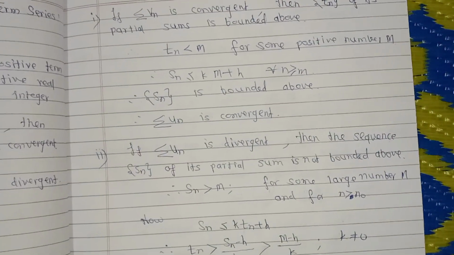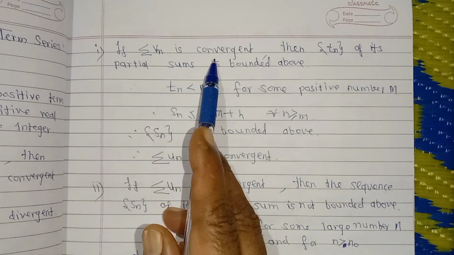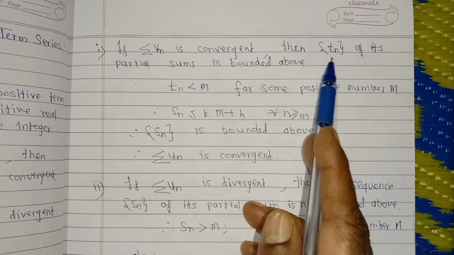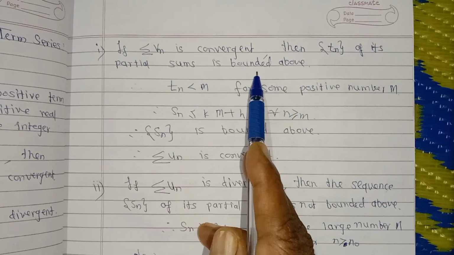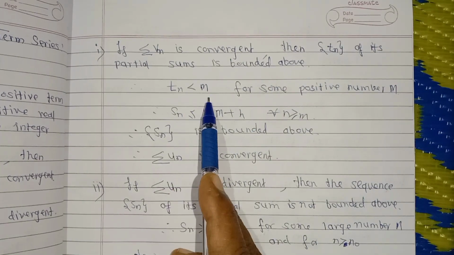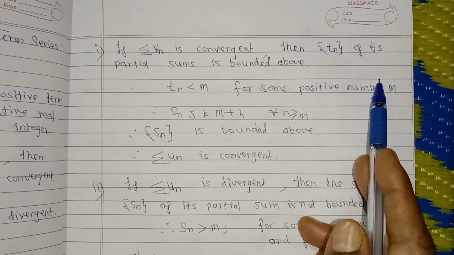Consider the first case. If summation vn is convergent, then the sequence Tn of its partial sums is bounded above. Hence Tn is less than M for some positive integer M, as it is bounded above.